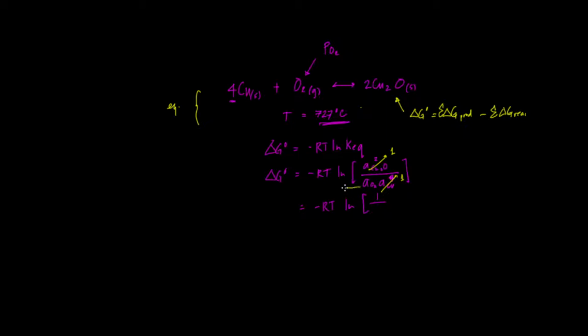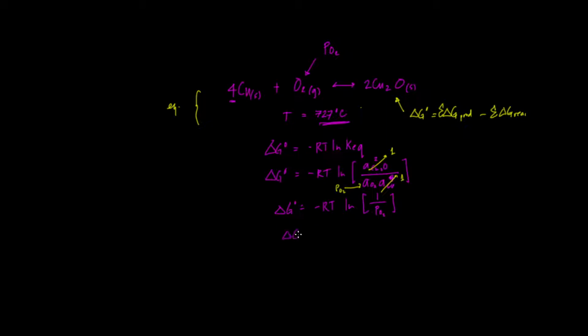And remember, if it behaves as an ideal gas, which is what we are assuming here, the activity of a gas can just be measured by its partial pressure. Tama? So ito, pwedeng i-substitute natin with PO2 lang. So that gives us PO2. Okay. So if we rearrange that, this is known.